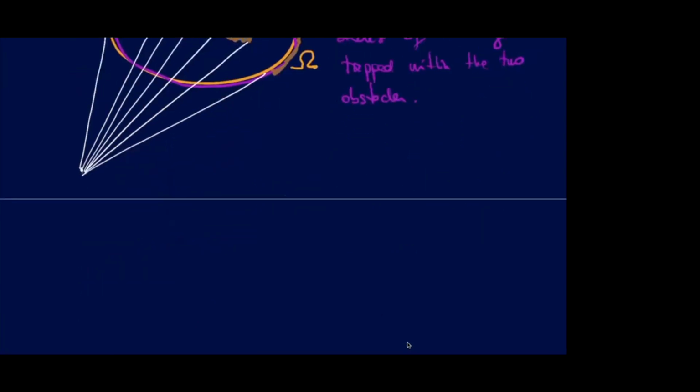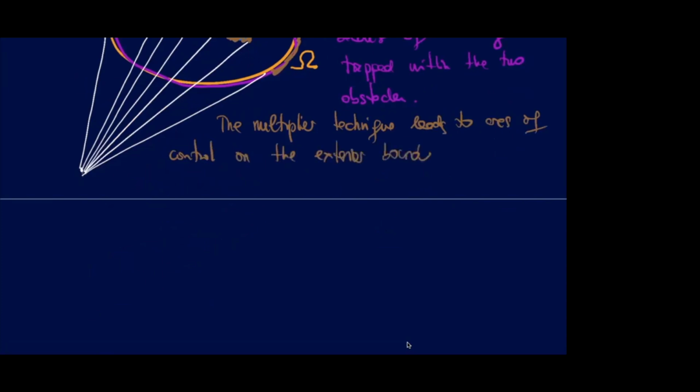So the multiplier technique leads to arcs of control on the exterior boundary, but also on the obstacles inside, guaranteeing the control of all waves.